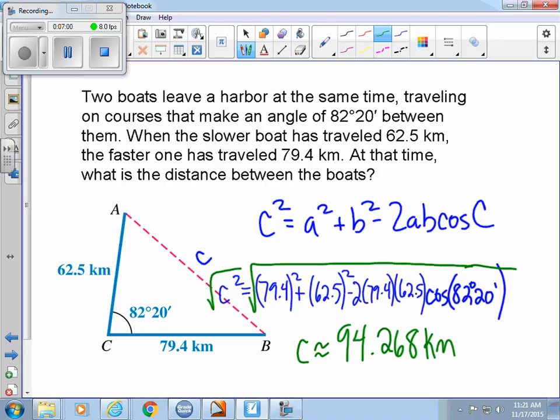So it makes sense that you would get a side larger than the other two sides. Any questions about that one?